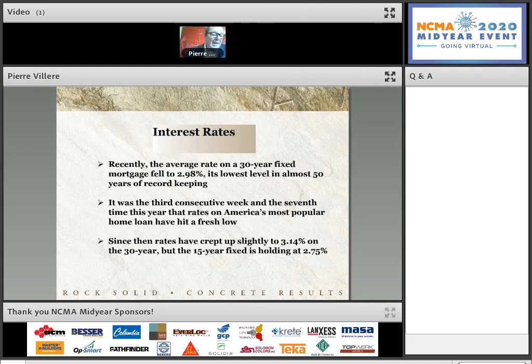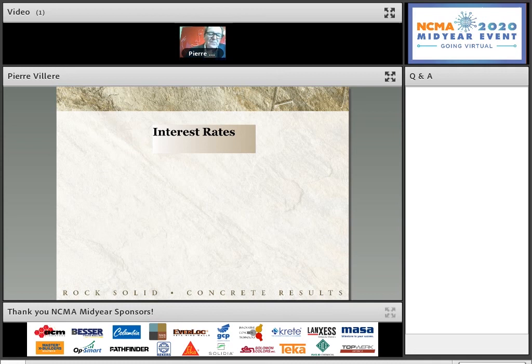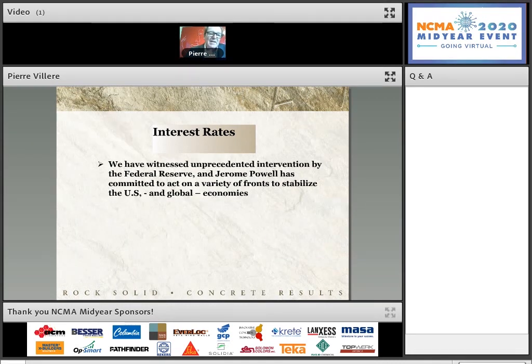I can't emphasize more the importance of a 3% or sub 3% interest rate on home mortgages, because it is absolutely driving the new housing market, which has remained strong except for a couple of little hiccups in March and in April. It has remained strong throughout the entire pandemic and, as we speak today, continues to see very, very good traffic and sales.